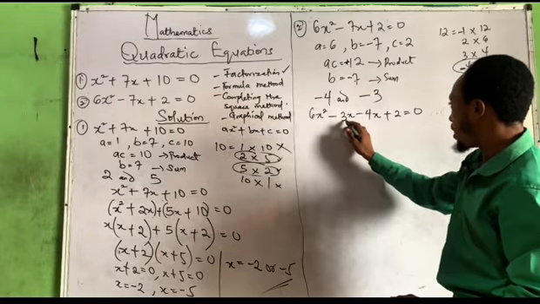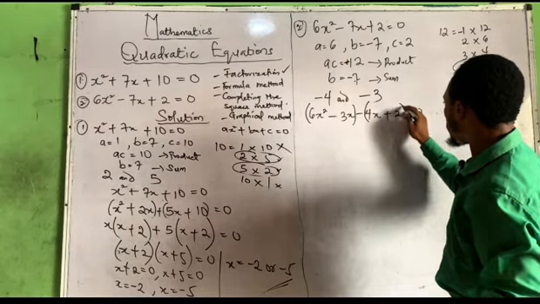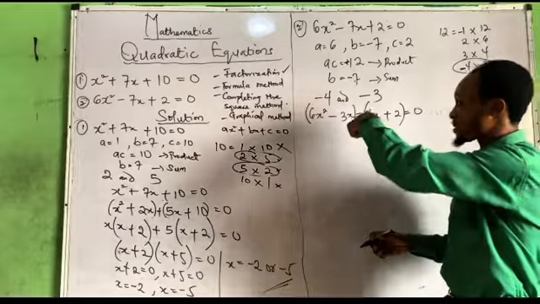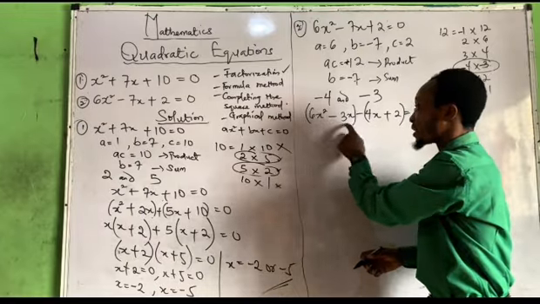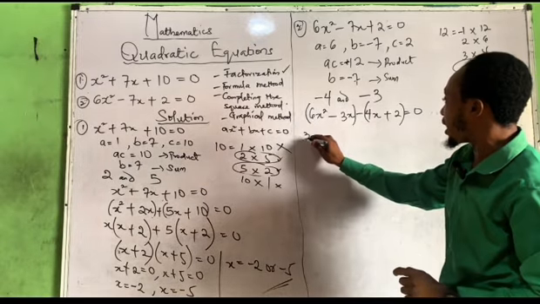And then here we have 3 and we also have 6 here. Now, let's take what is common here. What's common between 6 and 3? 3x is common, because 3 is common between 6 and 3, but also x is common between x squared and x, so we have 3x.